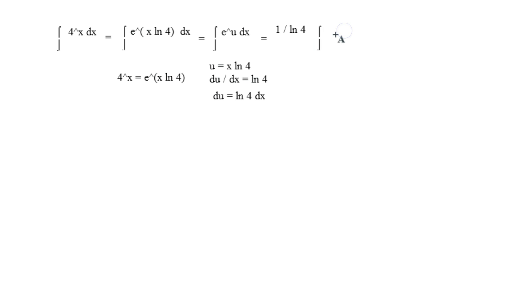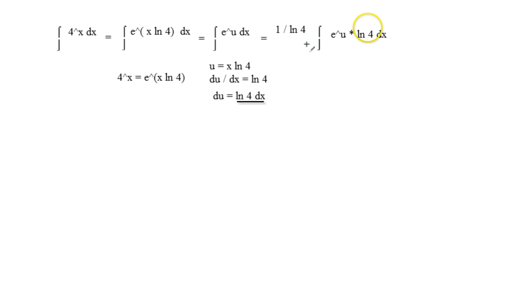Inside the integral, I'm going to have e to the u times the natural log of 4 dx. Now if you notice, that's exactly what I needed. That's the calculus trick we've talked about: when you need a number, you multiply by its reciprocal, because there's always a 1 somewhere.